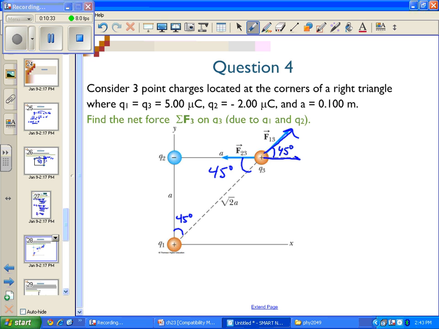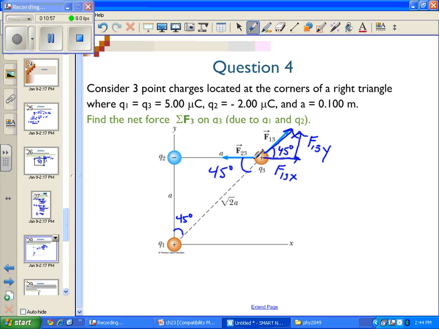And if we impose the components of F13, we find that there is a horizontal component, F13x, and of course, F13y. So in other words, F13 is a vector force which has both x and y components.